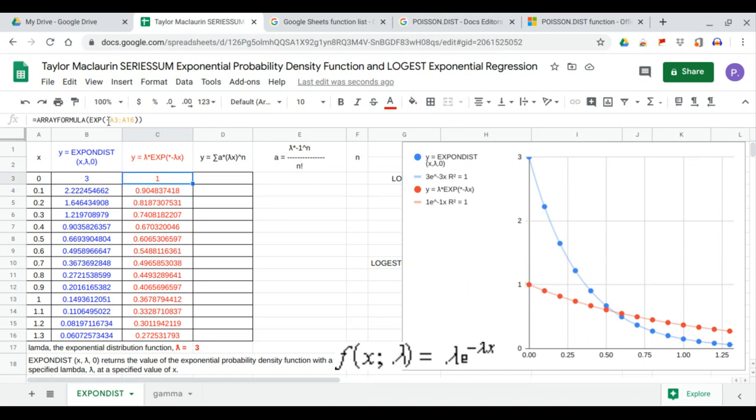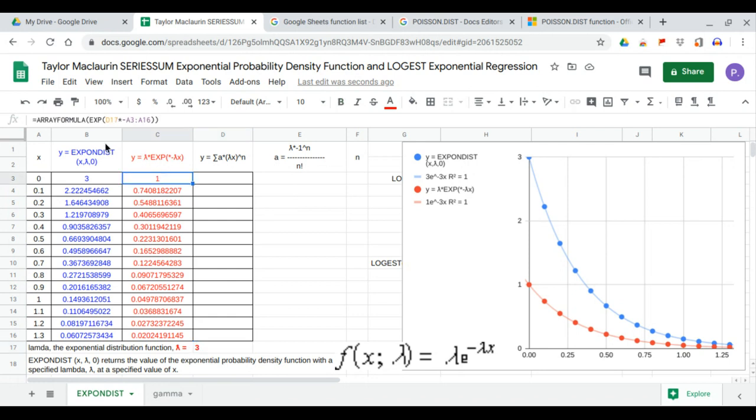So lambda will be here. That's our lambda inside. Now we add lambda on the function itself.